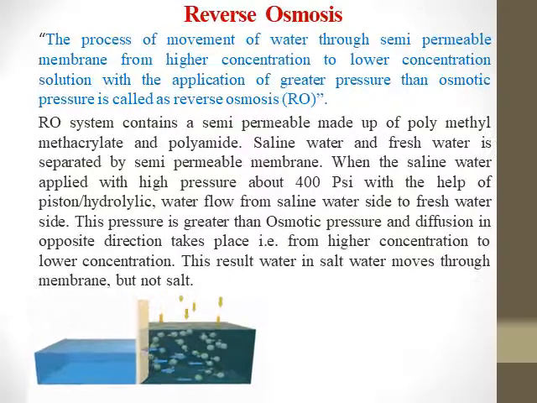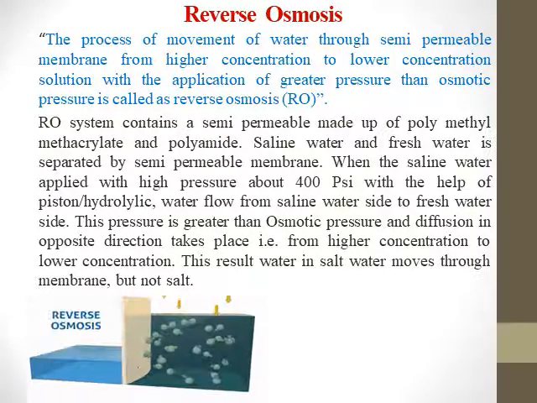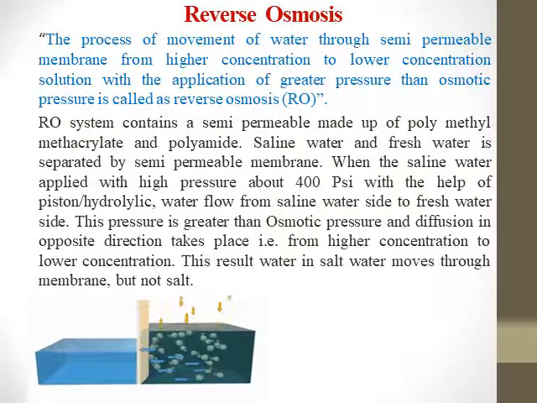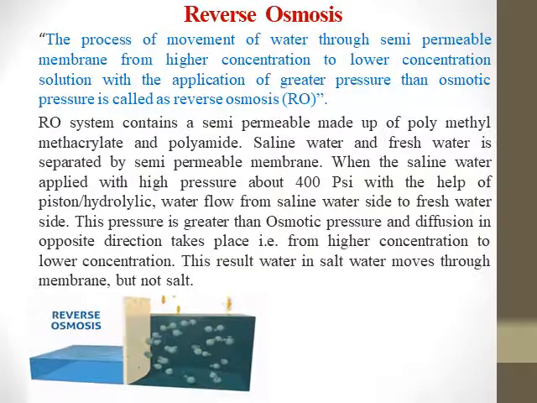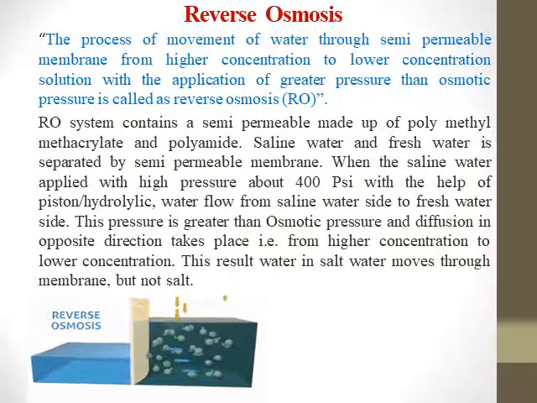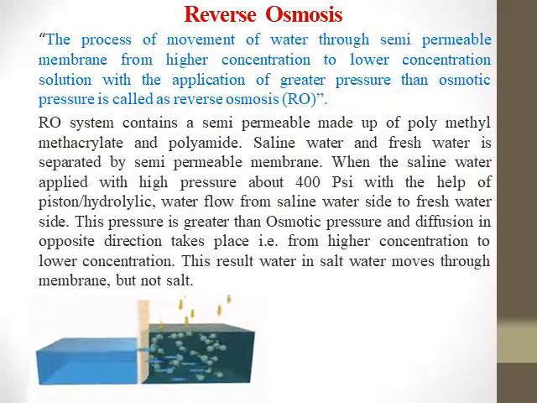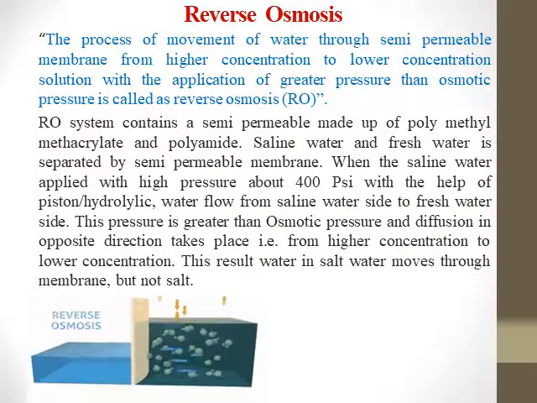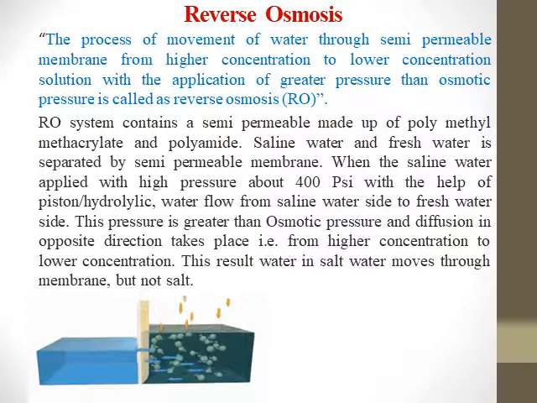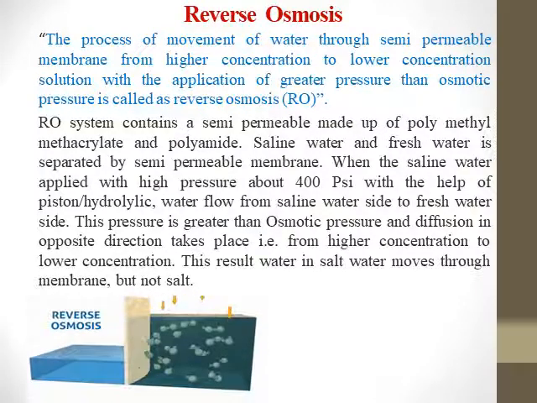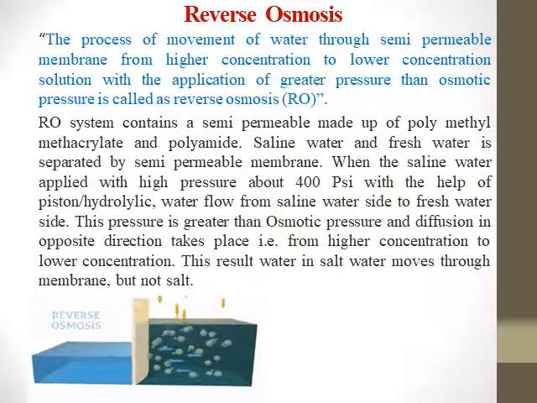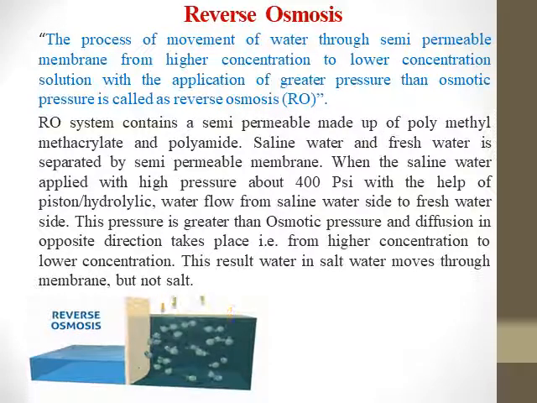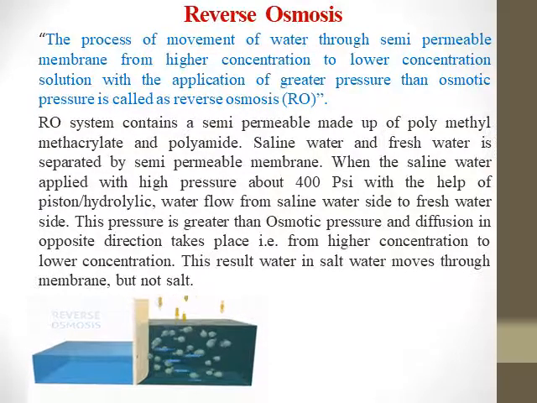The pressure which is acting on the water side to make the water molecules move from lower concentration to the higher concentration, that is the salt water side, is called osmotic pressure. This movement of water molecules from the water side to the salt water side takes place as long as the osmotic pressure acting on the water molecules is equal to the hydraulic or hydrostatic pressure.